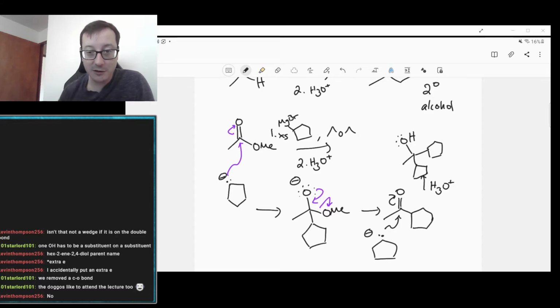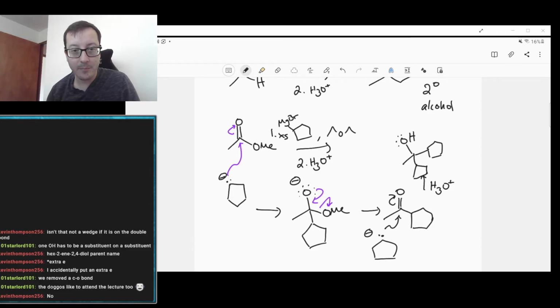You'll have the tertiary alcohol, and you'll have your original ester left over. So you'll end up with three different things if you just use one equivalent. So that's always a bad idea. So just go ahead and push it all the way to the end and completely react it.